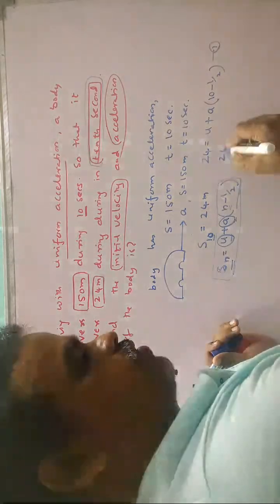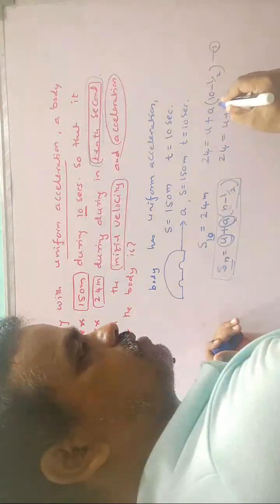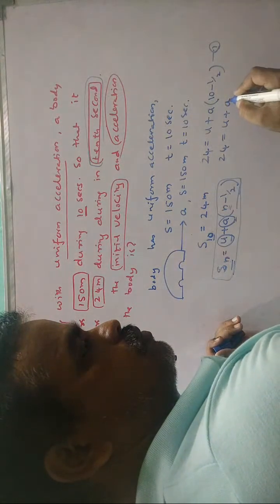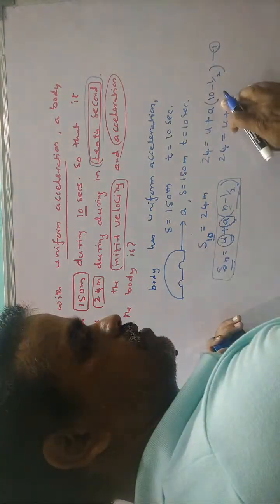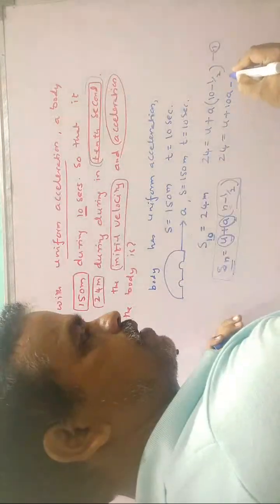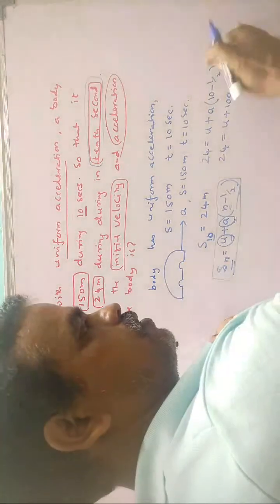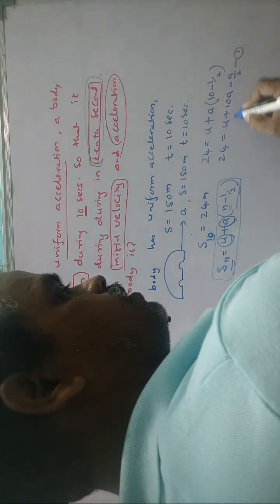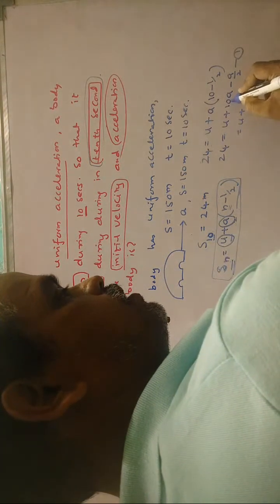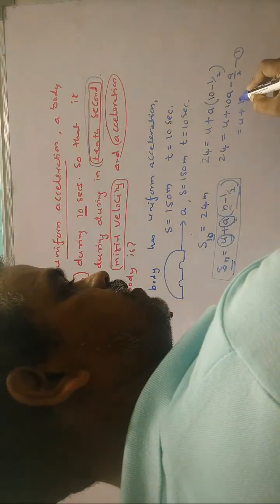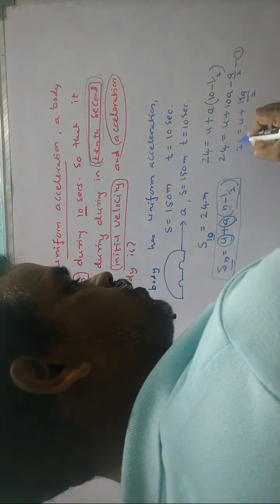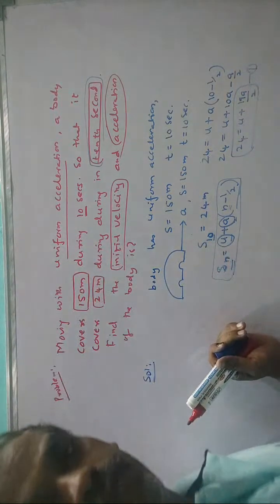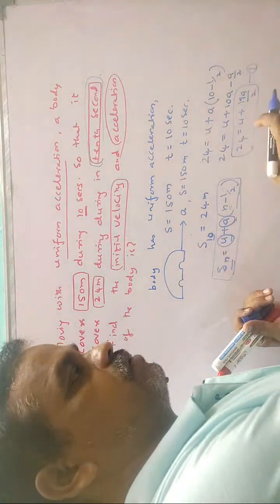Is it okay? 24 meter equal to u plus a of 10 minus half, that is, 10a minus a by 2, 19a by 2. This is equation number 1. So up to here, you just write the equation.